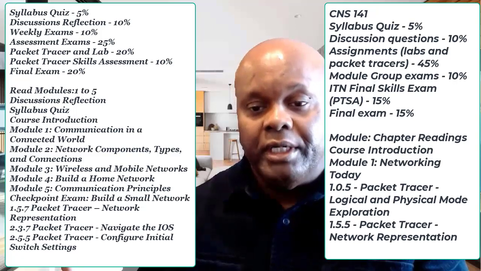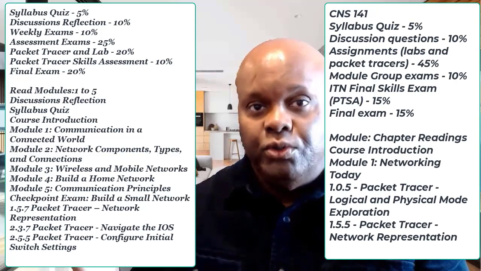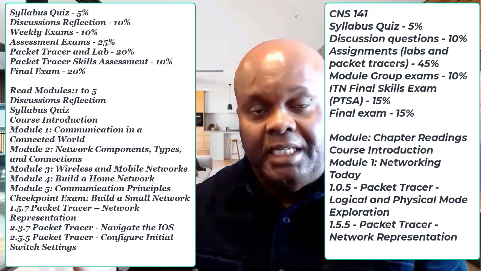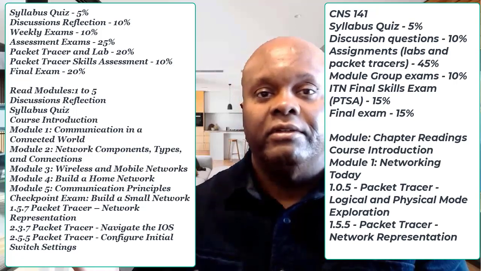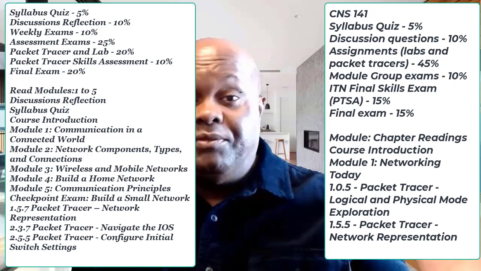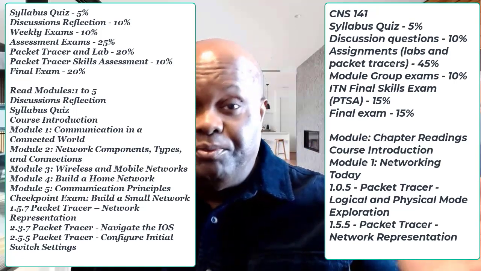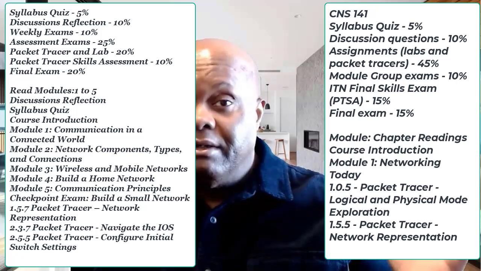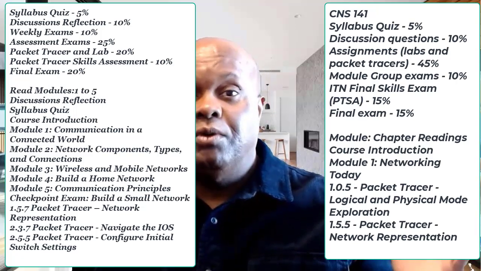Now, on one side of me, you're going to notice everything that, for this particular week and going forward, you should have completed: CNS 105. On the other side of me, you're going to notice the same thing, everything that should be completed for this week: CNS 141.